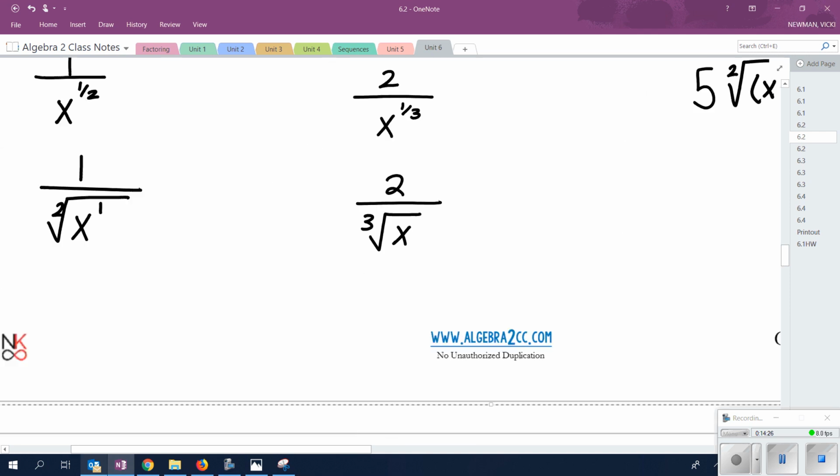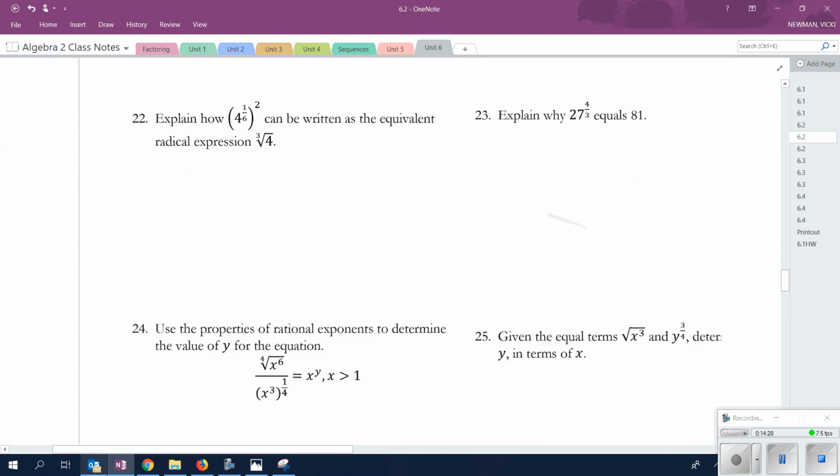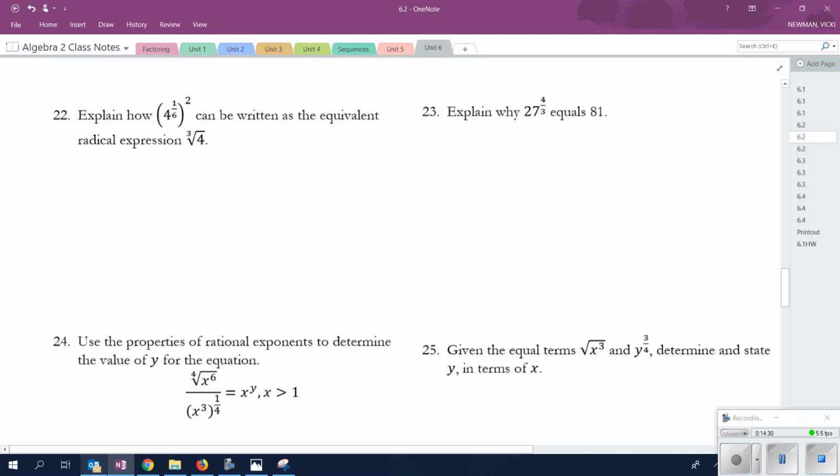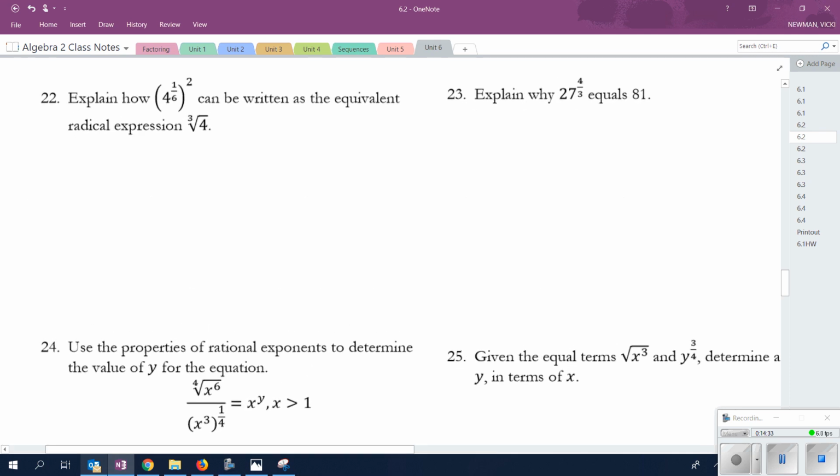Okay? So, now that we know all the rules, we also have to be able to explain what is going on. When you're explaining this whole scenario, what I feel like you're happiest with is almost like a proof setup, if possible, where you do something and then you say what rule you applied.